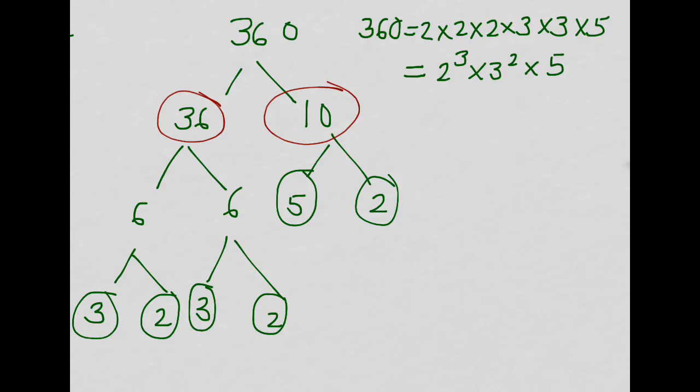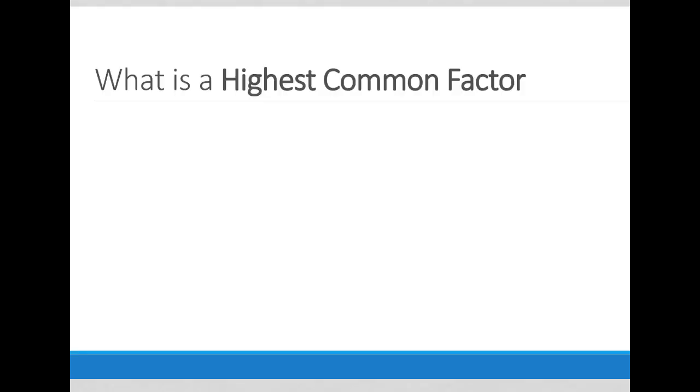So the focus of today's lesson is the highest common factor. What is the highest common factor? I just want you to pause and think about that before we go on. Do you know what the word factor means? Because that's important. And then we're going to go on to the highest common factor.